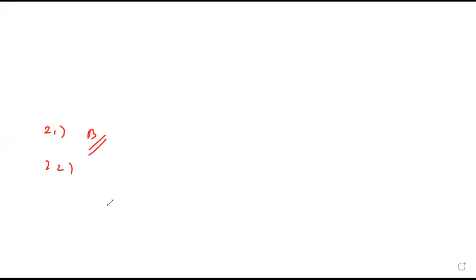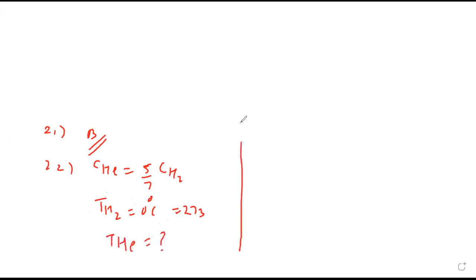RMS speed of mean square velocity of helium is 5/7 times that of hydrogen. If the temperature of hydrogen is given as 0 degrees Celsius, which is 273 Kelvin, then what is temperature of helium? Will you try this on your own? Please try. Then see on the screen. First you try.